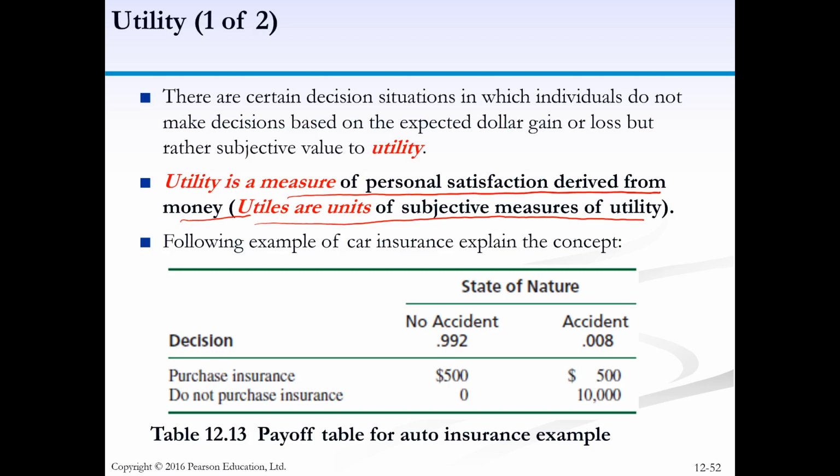Now, the following example of car insurance explains the concept. Let's say this is the statistics: the accident doesn't occur 99.2% of the time, and only 0.008 probability is there of occurring, which means 0.8% chance of occurrence. Now, the decision is whether to purchase insurance or not. If we purchase insurance, the expected value is $500.